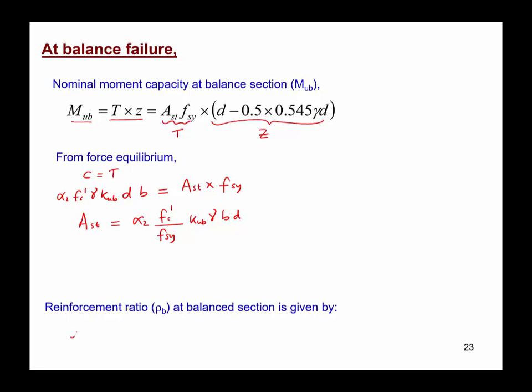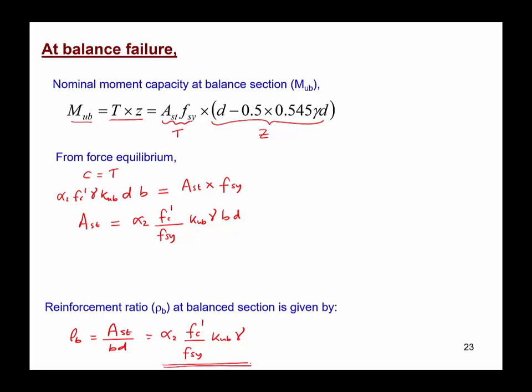The reinforcement ratio, as we know, is the area of steel divided by bd, where b is the width of the beam and d is the effective depth of the beam. So if we divide by bd, we get an expression involving kub, the neutral axis depth parameter for the balance section. So rho b, the reinforcement ratio for the balance section, is given by this equation.